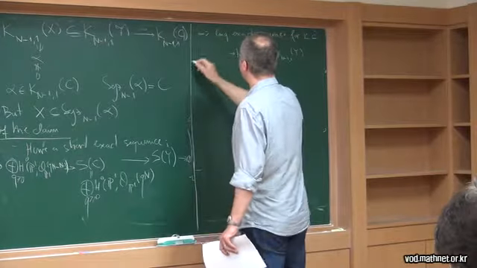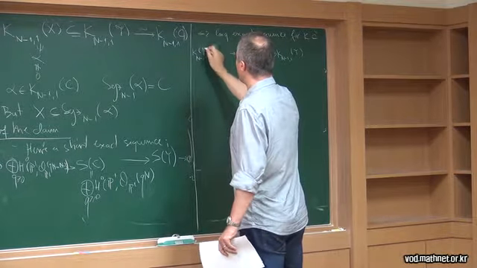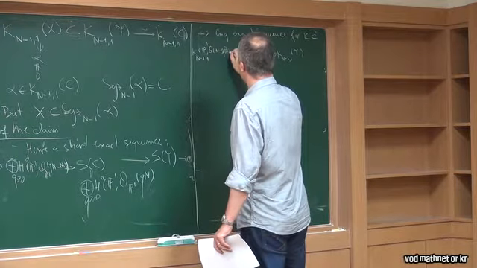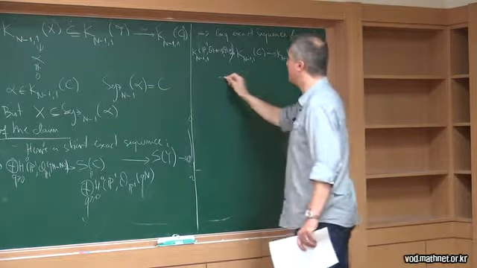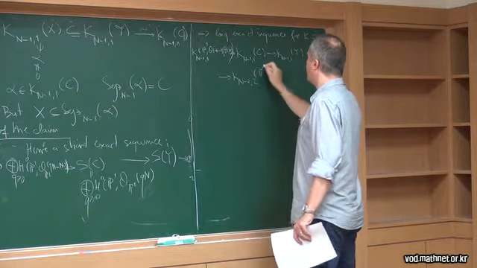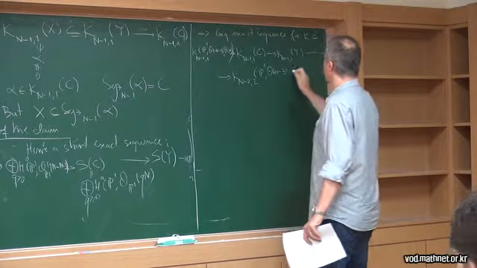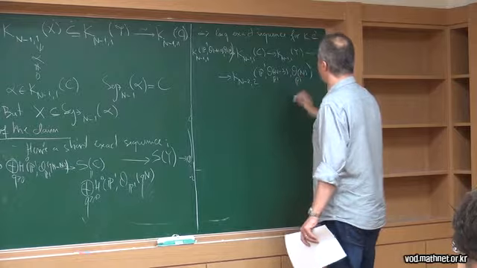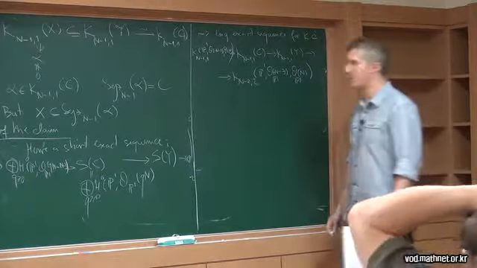Here we will have K_{n-1,1}(P^1, O(-n-3), O(n)), and it goes to K_{n-2,2}(P^1, O(-n-3), O(n)). So we are fine if we prove that these things vanish.